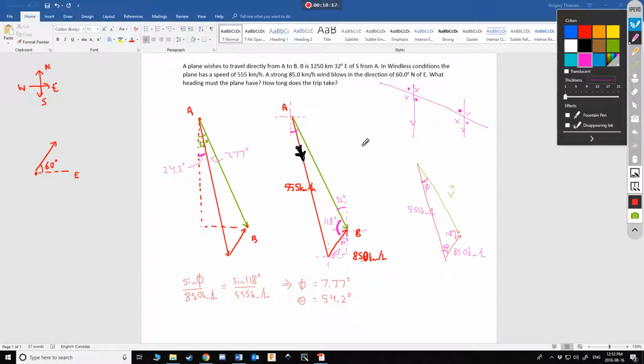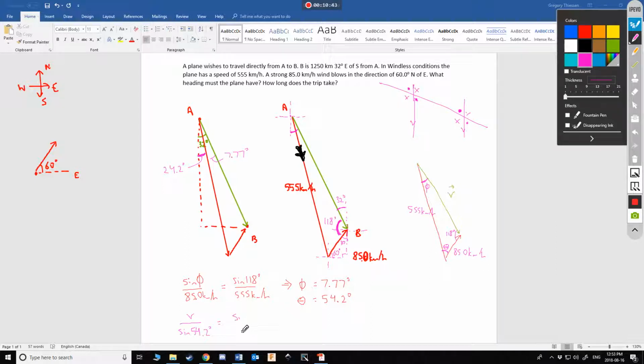And we're almost there. So what is our velocity v? Let's use sine law again. We have v over sine 54.2 degrees equal to, we can use either of these other two. I like going with the stuff we knew from the beginning, just in case there was a mistake before.